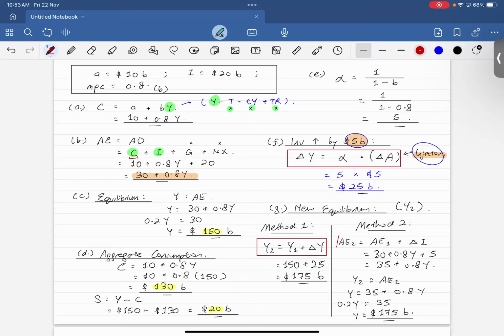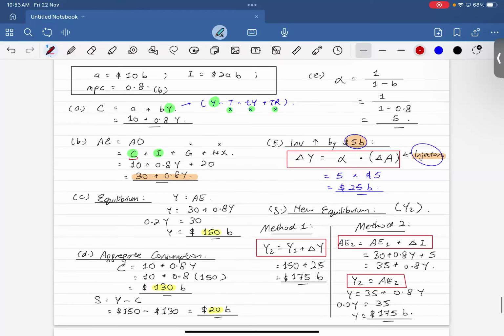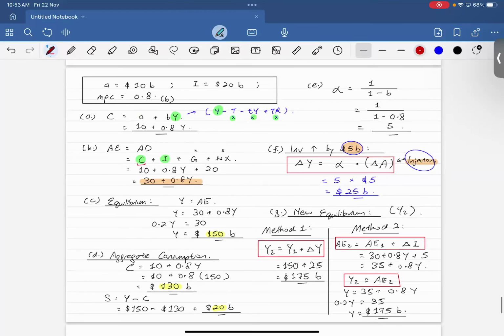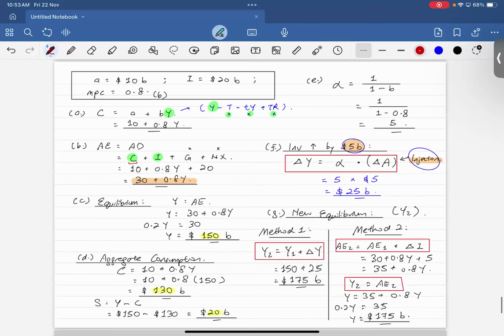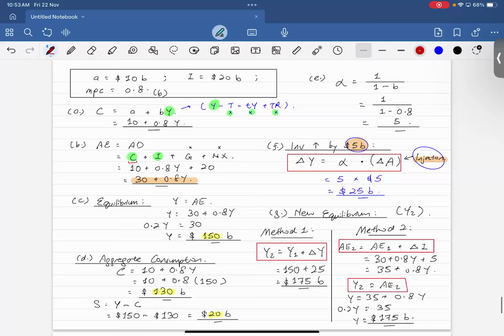This one is that you use the AE first, and then use back the equilibrium. Method 1 is basically you get this value first and then find this one. Method 2 is you use AE2 and then calculate Y2.